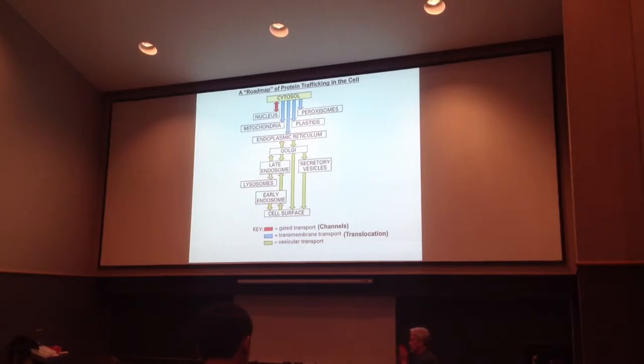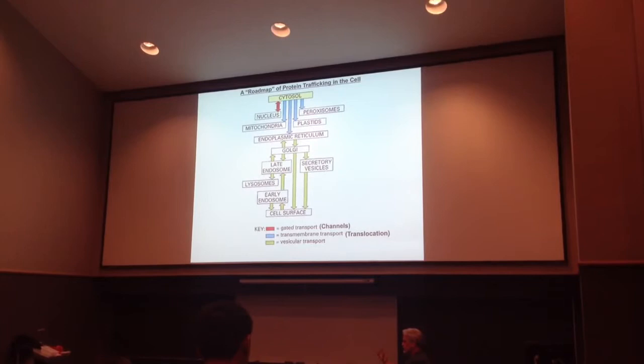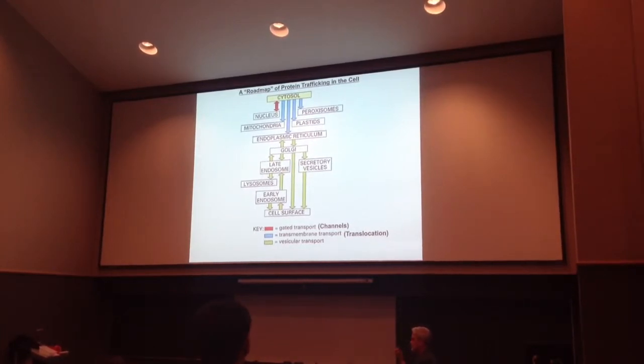And this chart describes that there are three ways. Proteins move into the nuclei of cells through what we call gated transport channels. There are actually nuclear pores or channels or gates through which proteins can move into the nucleus. And that's the easiest one to understand or think about. Proteins also move through membranes.